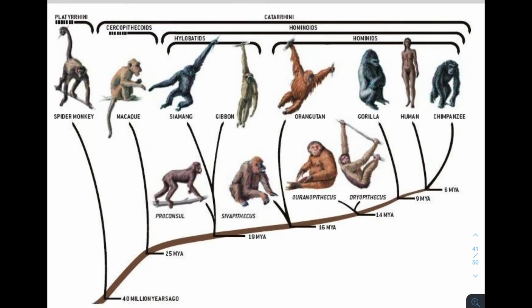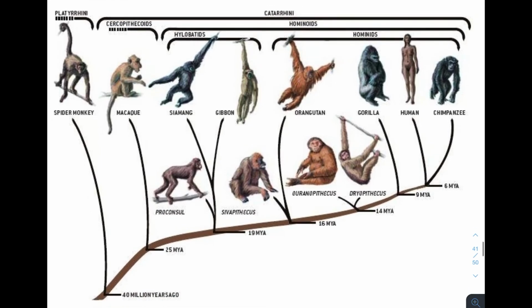So humans, when we look at the family tree of primates, what we notice is that primates came about 40 million years ago. And what we see with primates are that they have forward-facing eyes.